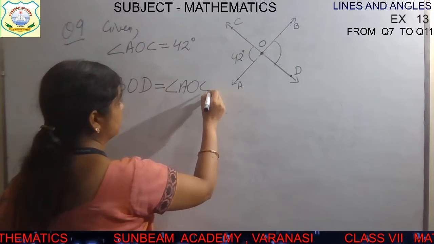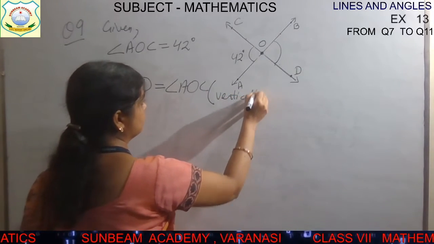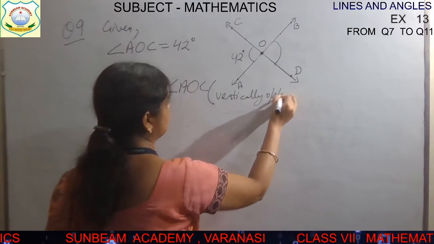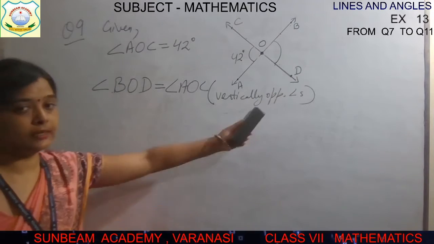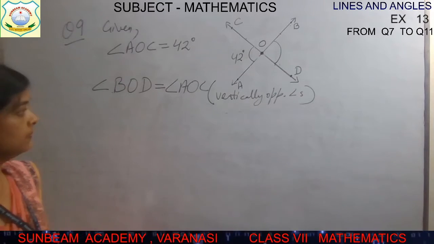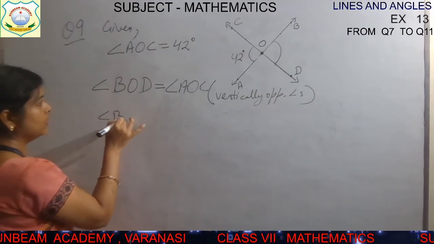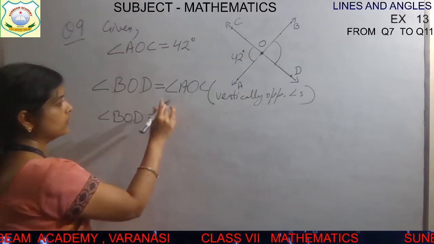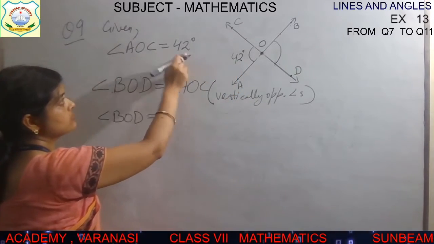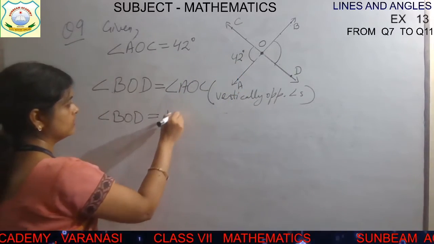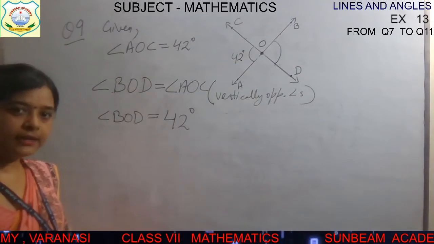And now here you will write in a bracket, vertically opposite angles. I am saving my time. Now angle BOD is equal to AOC, and AOC is 42 degree.